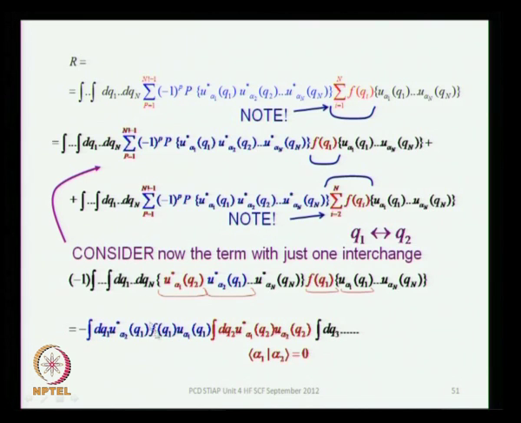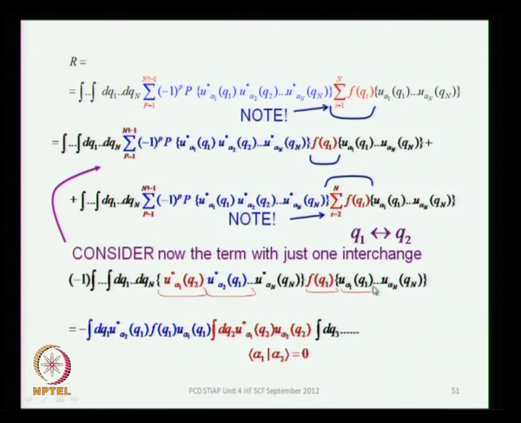So, what is coming under the integration of q 2 is only those functions whose argument is q 2, and the only functions whose argument is q 2 is one over here, u alpha 1 star q 2, and then you will have a u alpha 2 q 2 coming from here, which is sitting in these dots, right.